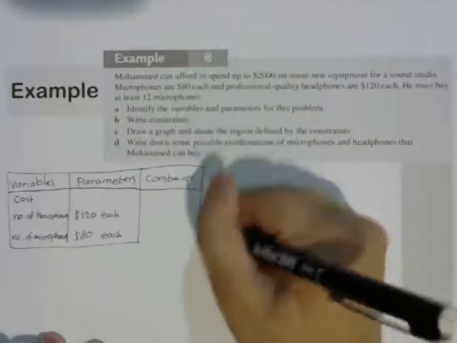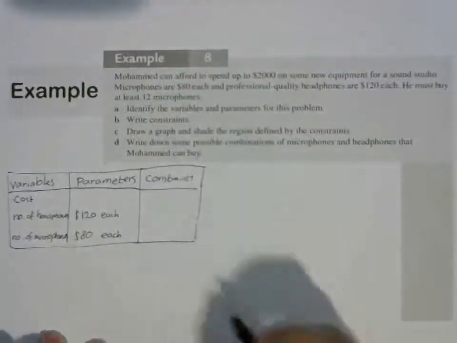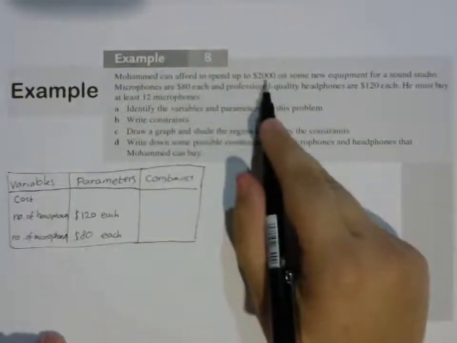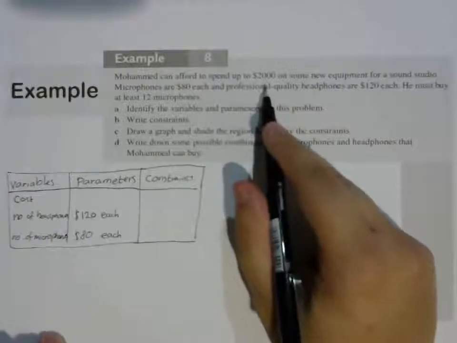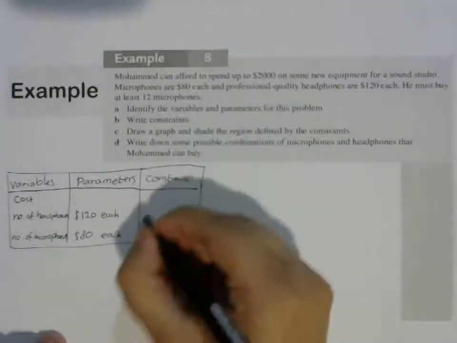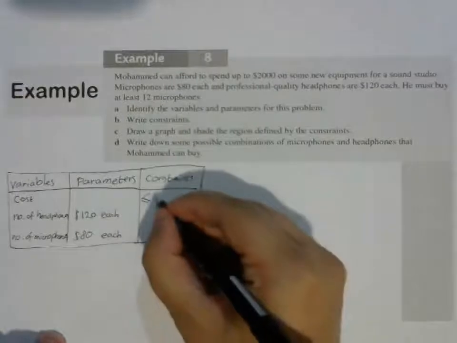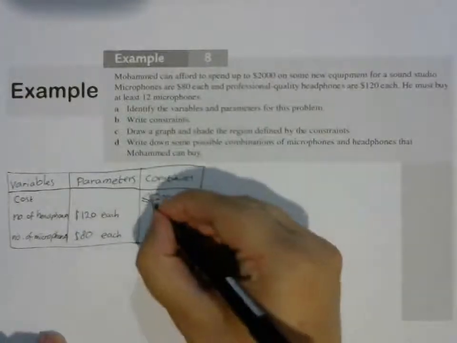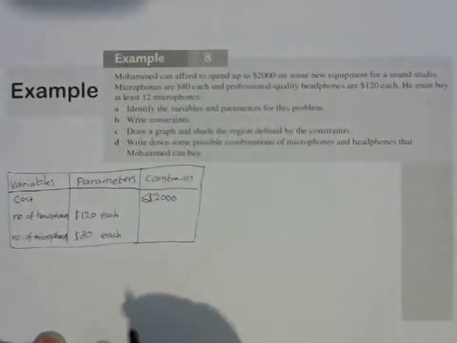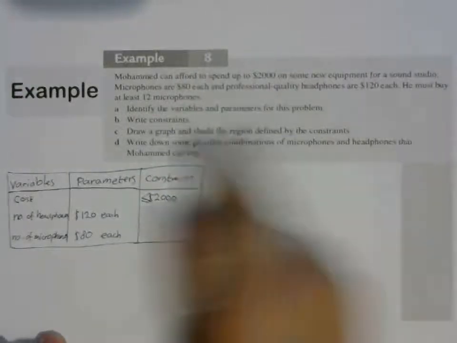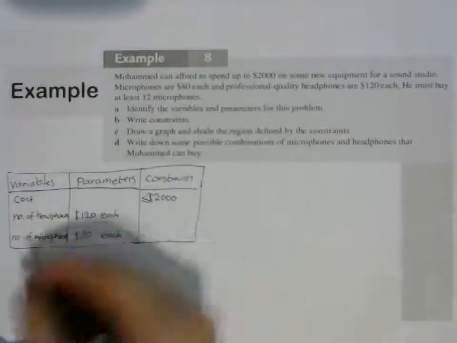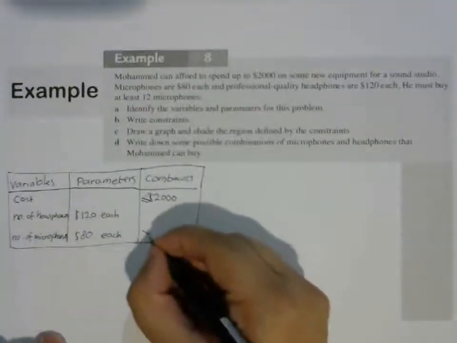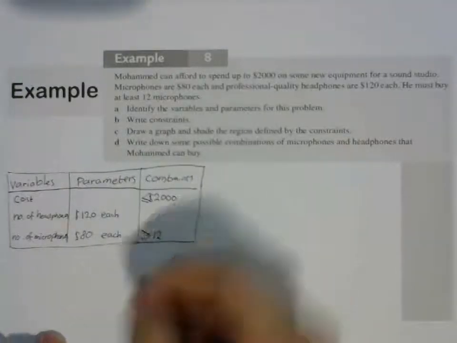We know that Mohammed only has $2,000 to spend on headphones and microphones. So the total cost has to be less than or equal to $2,000. We also know that Mohammed needs to buy at least 12 microphones. So the number of microphones has to be larger than or equal to 12.